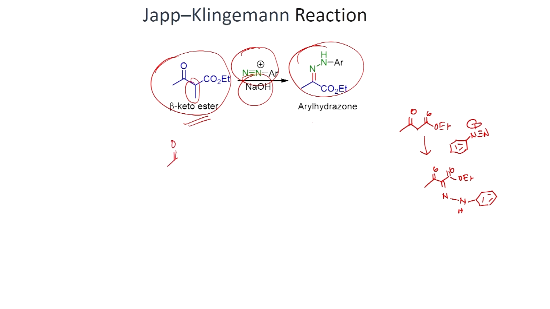this beta ketoester in the presence of base can form the enolate.